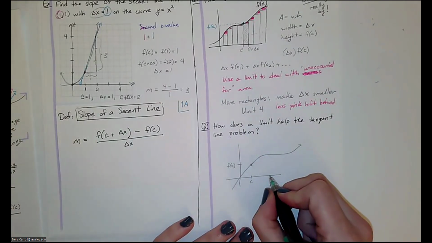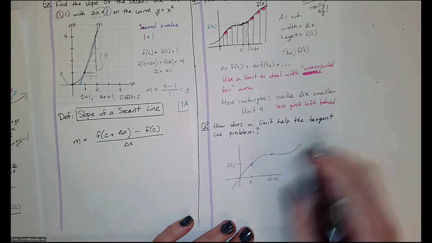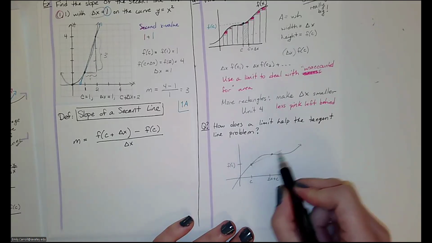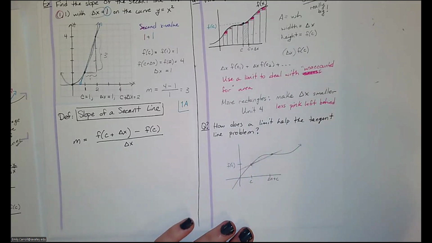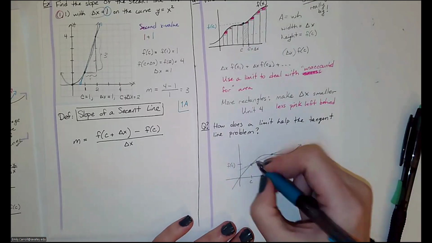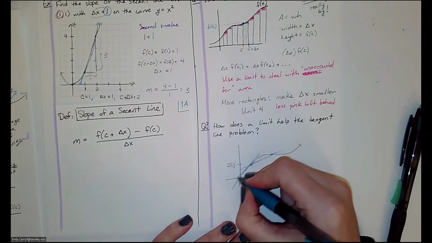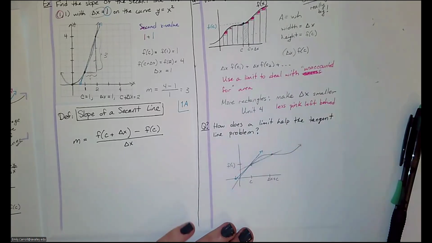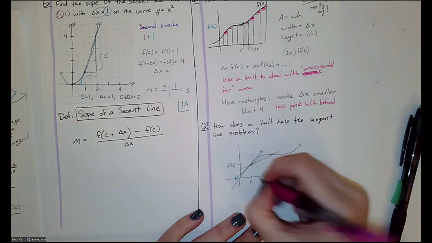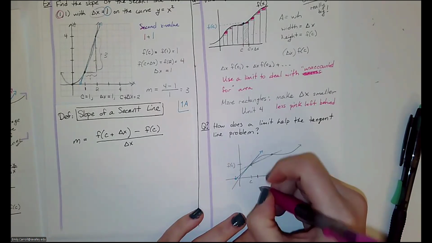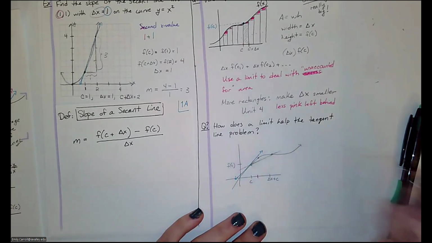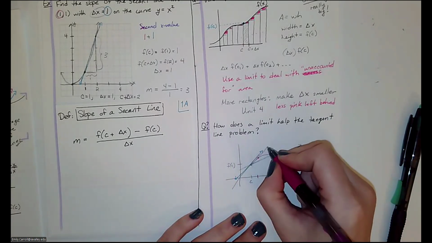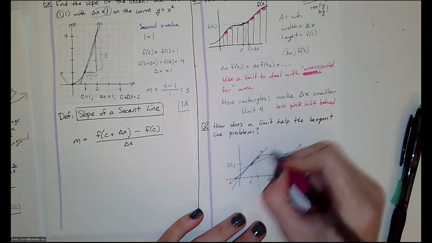If I make delta x kind of big over here, then the slope of that secant line isn't really doing a good job approximating the slope of that tangent line. But if I move it closer, if I make delta x smaller to put me here instead, it's going to get closer and closer.